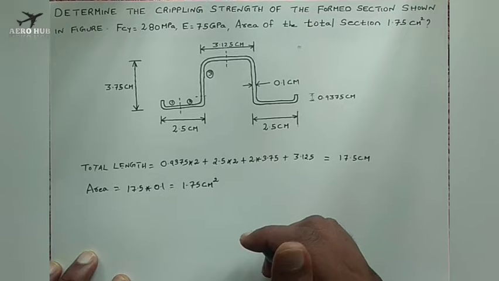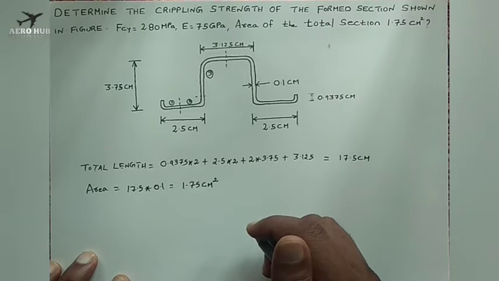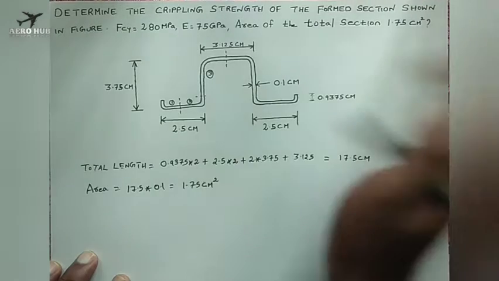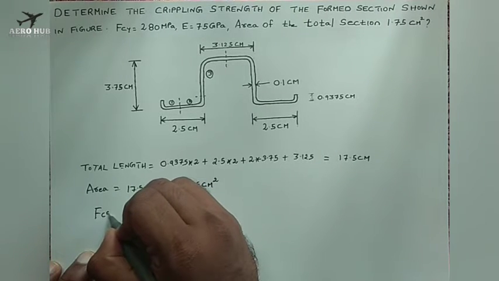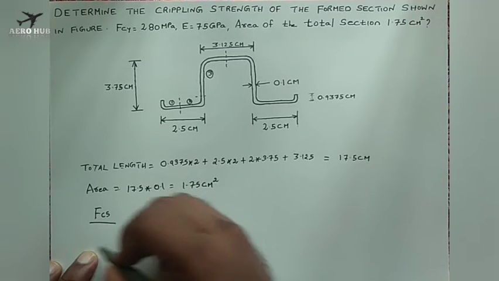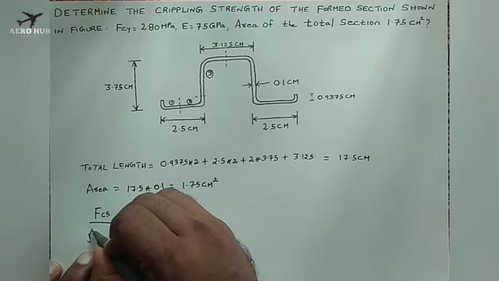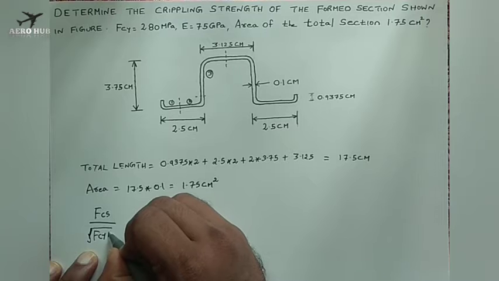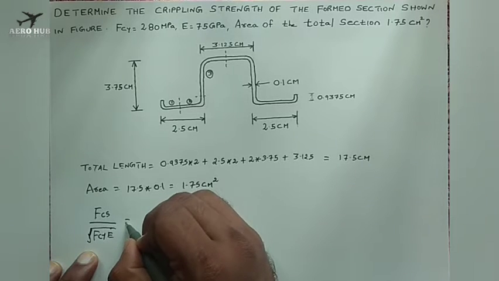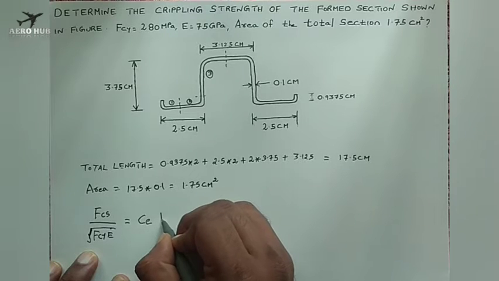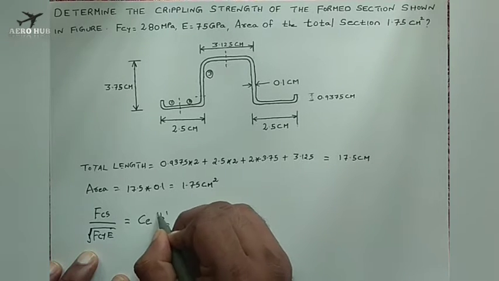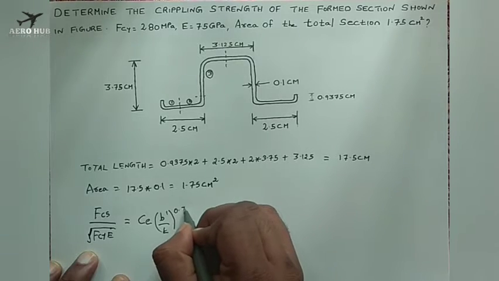So the formula for finding the crippling stress for a section by Needham's method is given by FCS, that is basically the crippling stress, divided by root of FCY into E, is equal to CE, that is the end fixity coefficient, into B dash by T, the whole power 0.75.